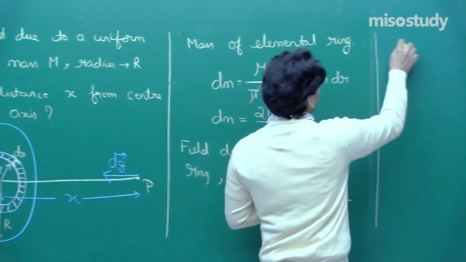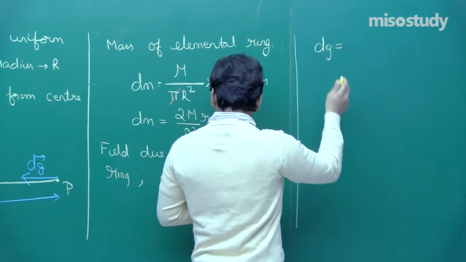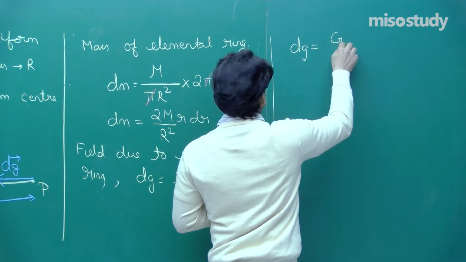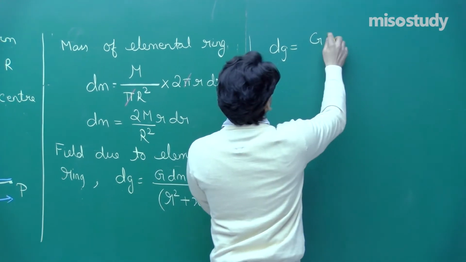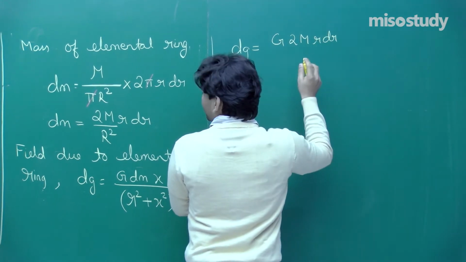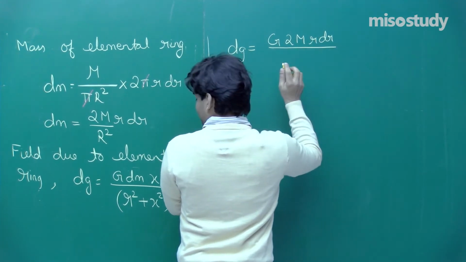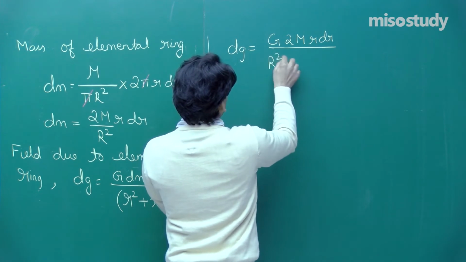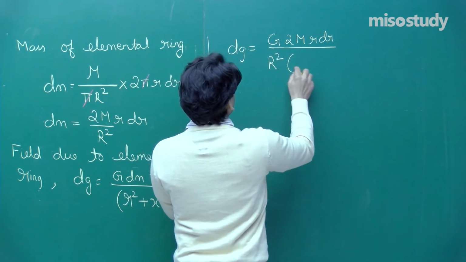So the value of dg will be coming out to be g dm, or instead of dm I am writing 2m r dr divided by capital R whole square, and we have r square plus x square power 3 by 2.